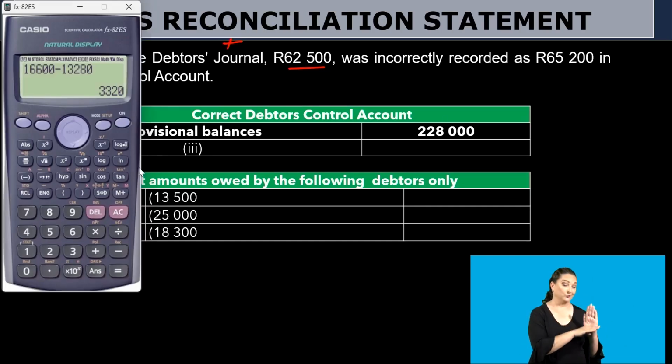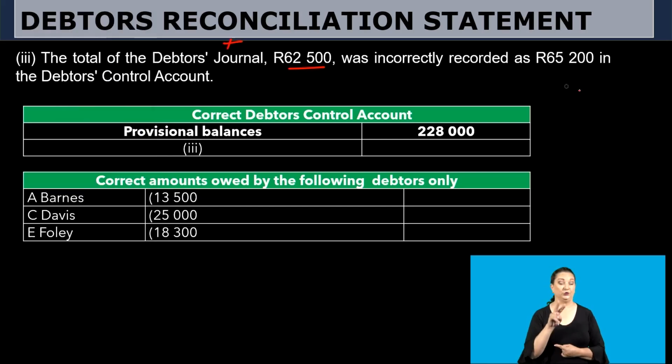Let's get the difference. It is 65.2 minus 62.5. The difference is 2,700. So, we have a difference of 2.7. We incorrectly recorded as 65.2. So, we overstated in the debtors control account.